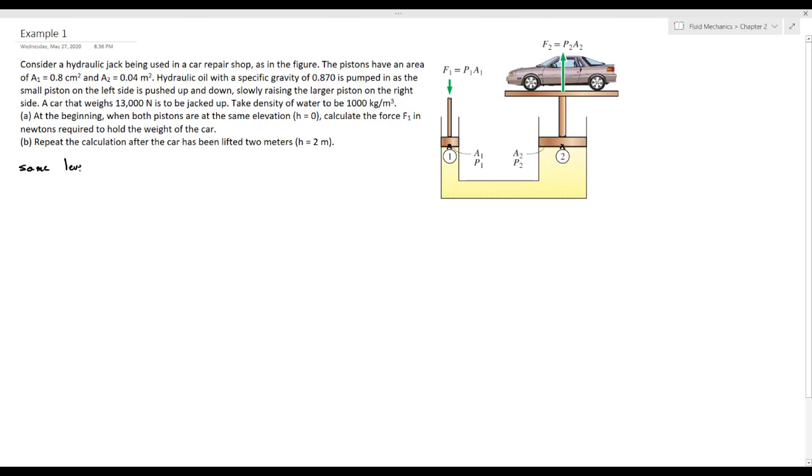As we said before, if we have the same level in the fluid, we should have the same pressure. So P1 is equal to P2, and the pressure is the force over area. So P1 is F1 over A1 equal to F2 over A2. So we will have F1 equal to A1 over A2 into F2.